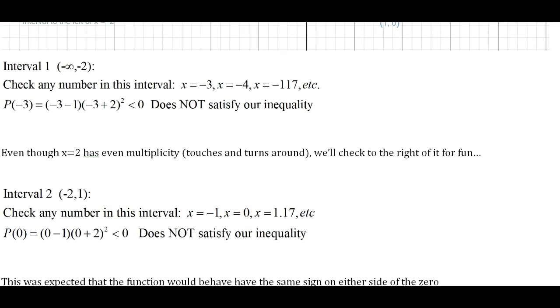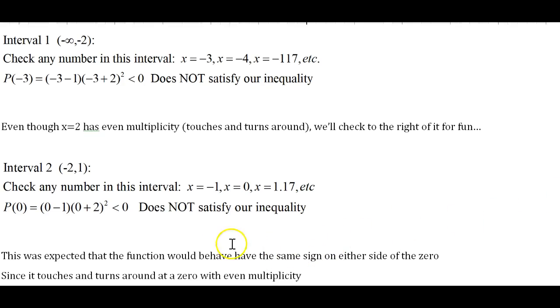Again, we can pick any number because polynomials are predictable and continuous. So I'm going to pick 0. That's in this interval from minus 2 to 1. Again, I get a negative value. It does not satisfy the inequality. And like I said, that was expected because x equals minus 2 has a multiplicity of 2.